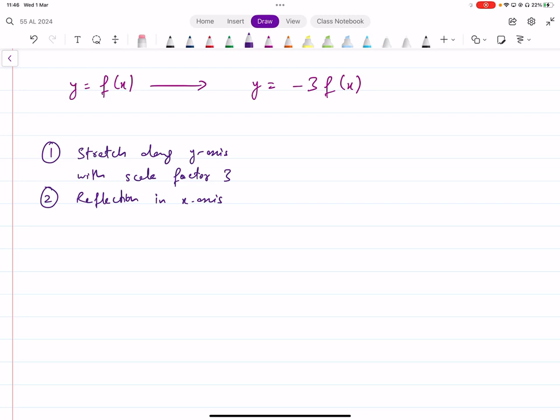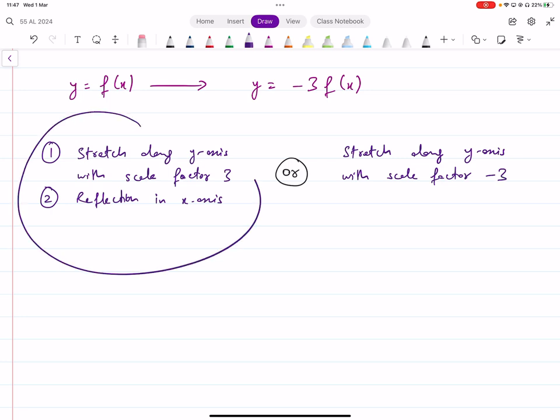Is there another way to describe this transformation? We could also describe it as a single transformation. We could say it's a stretch along y-axis with scale factor minus 3.